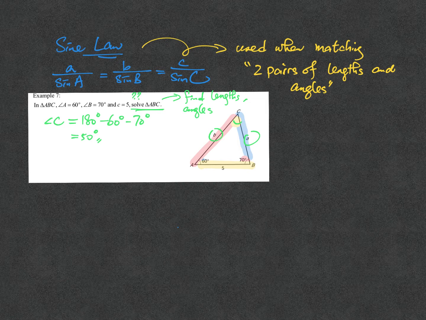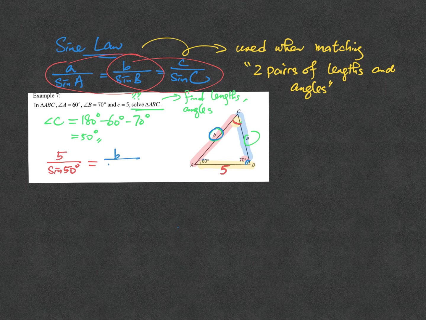In order to apply the sine law, normally we consider all the ratios at the same time, but we may pick two of them to consider, maybe side a and side b, or b and c, or a and c. Now we take a look at 5 and angle C first. So we have 5 over sine 50 degrees, which is equal to the other pair, let's say b and 70, so we have b over sine 70 degrees.